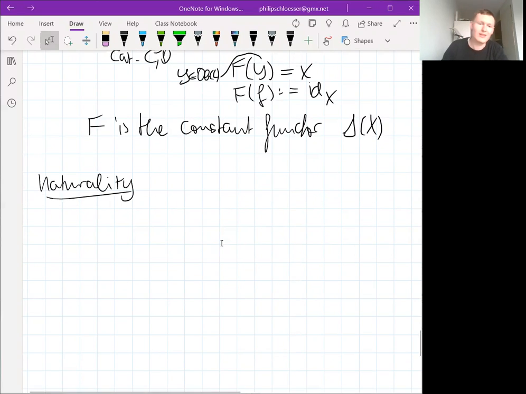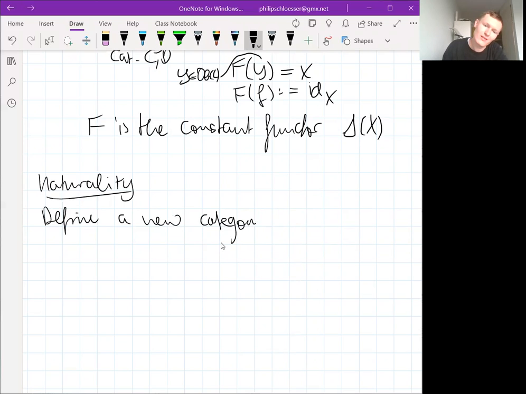And well, we can introduce a new category, namely the category Func(C, D), where C and D are categories themselves. Can we define the category of functors?